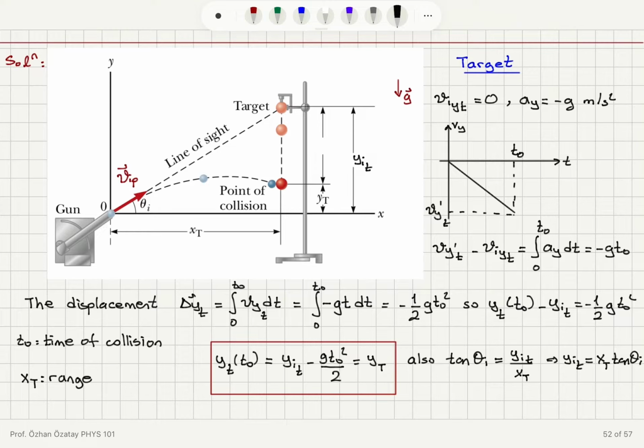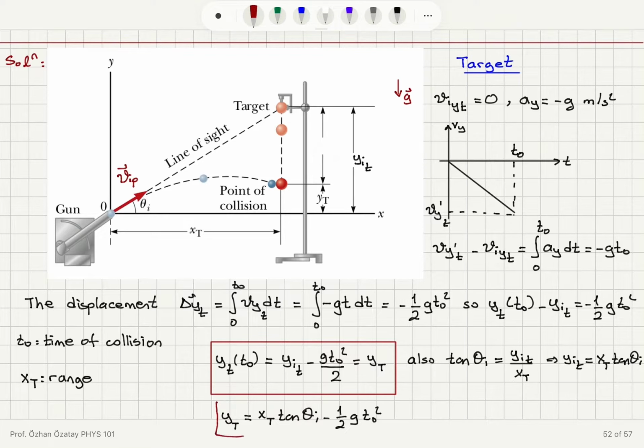So we can write this final position of the target to be the range of the projectile times tangent theta initial minus 1/2 g t0 squared.